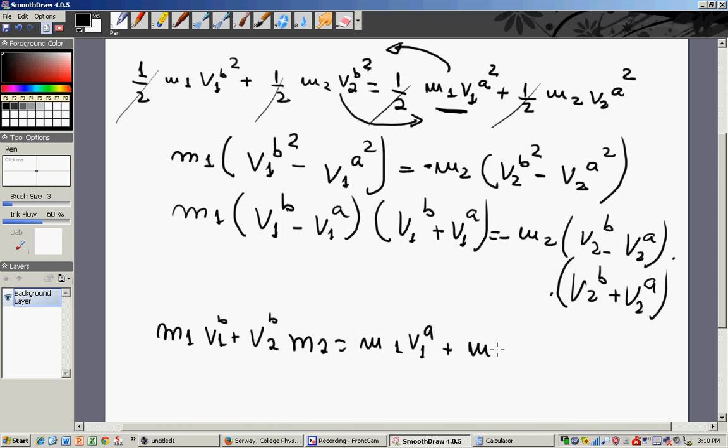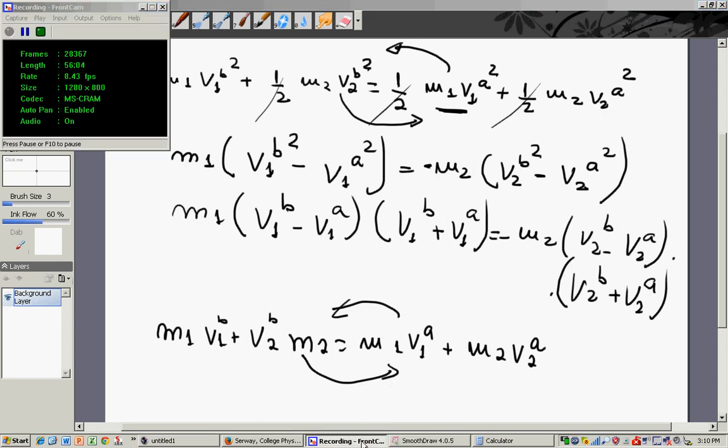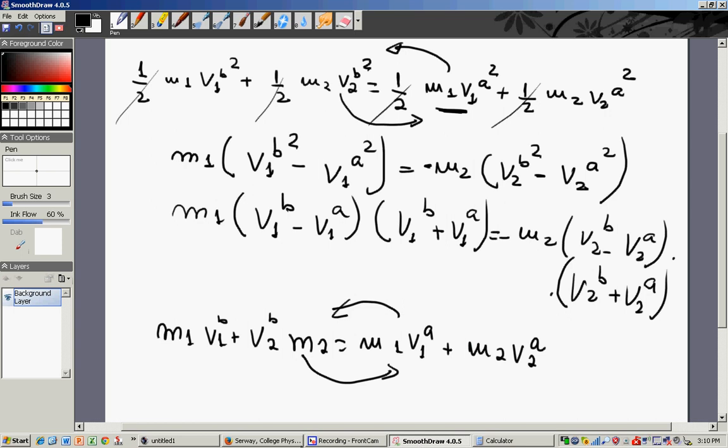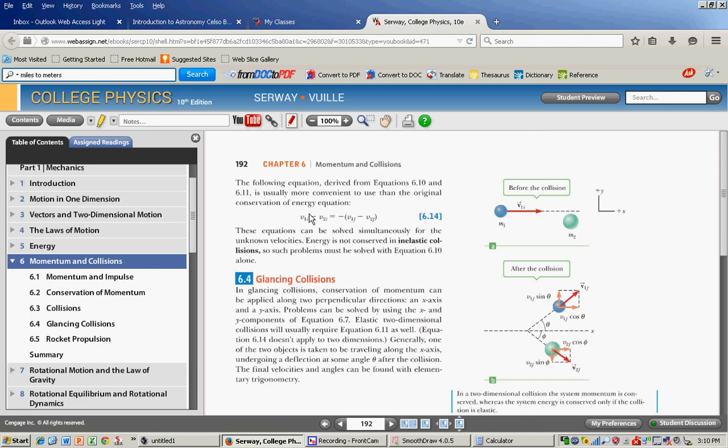So if you do the same thing, you subtract, bring this to the other side, and move this around, you can get this nice equation here, and let me write it on a piece of paper so I can call it sometime later. v1 before minus v2 before is equal to the negative of v1 after minus v2 after.